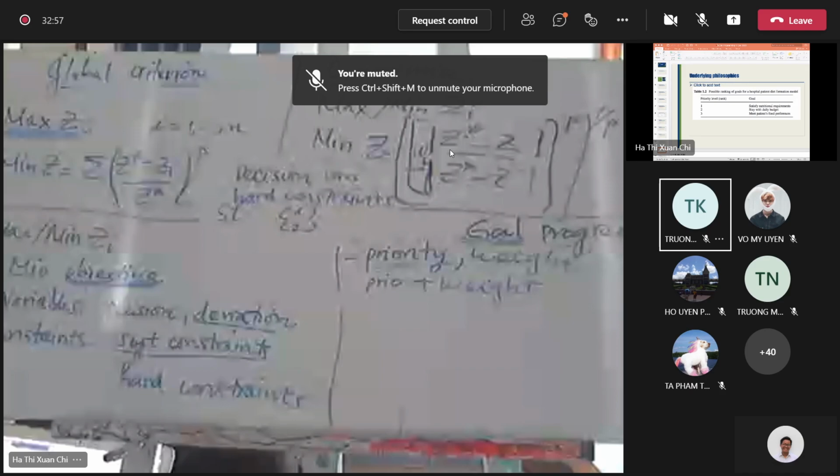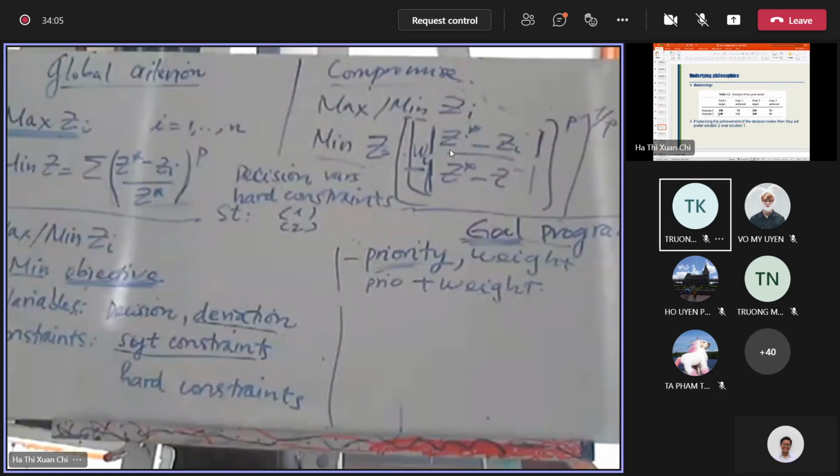But if you look at solution number 2, you target 100 and you achieve 100. For goal 2, you target 100, but you achieve 80. So, do you have any conclusion on this table?